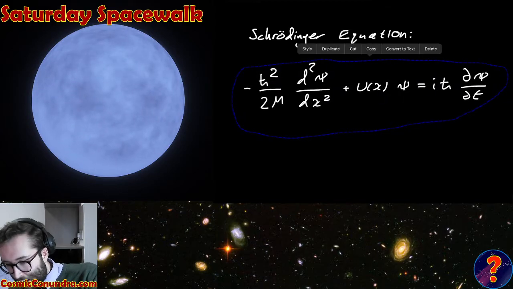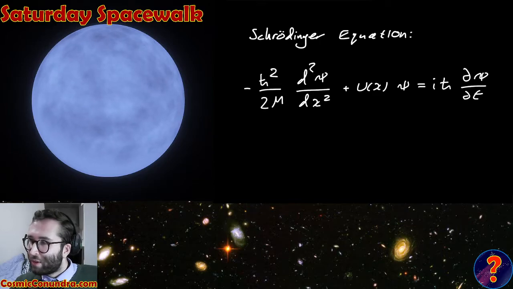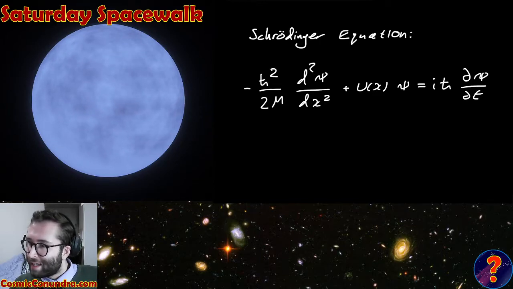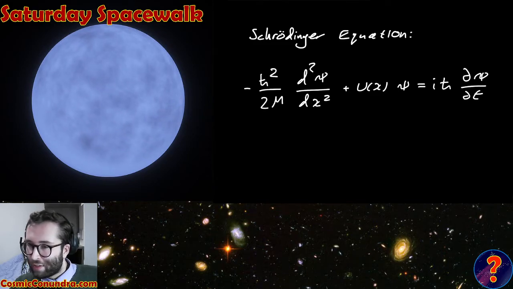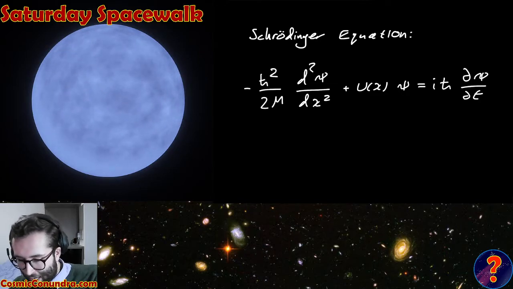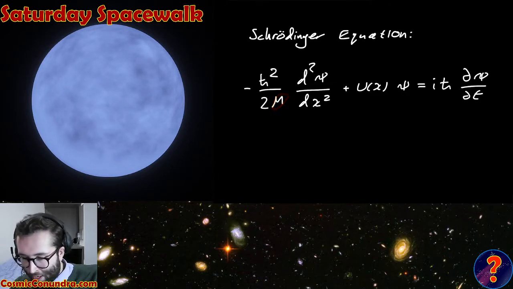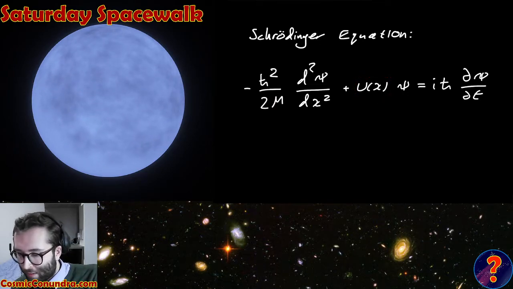This function psi I've written down is called the wave function, and this is closely related to the probability distribution of locating a particular particle, which in this case has some mass m and is moving in some one-dimensional potential I've called V(x).